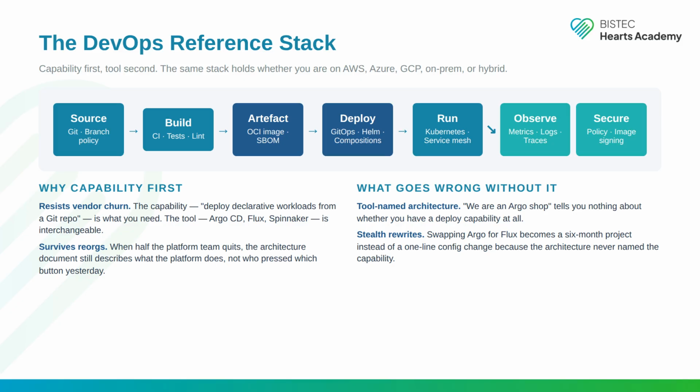A tool named architecture tells you nothing about whether you have a deploy capability at all. What goes wrong without it? Stealth rewrites. Swapping Argo for Flux becomes a 6-month project instead of a one-line config change because the architecture never named the capability in the first place.